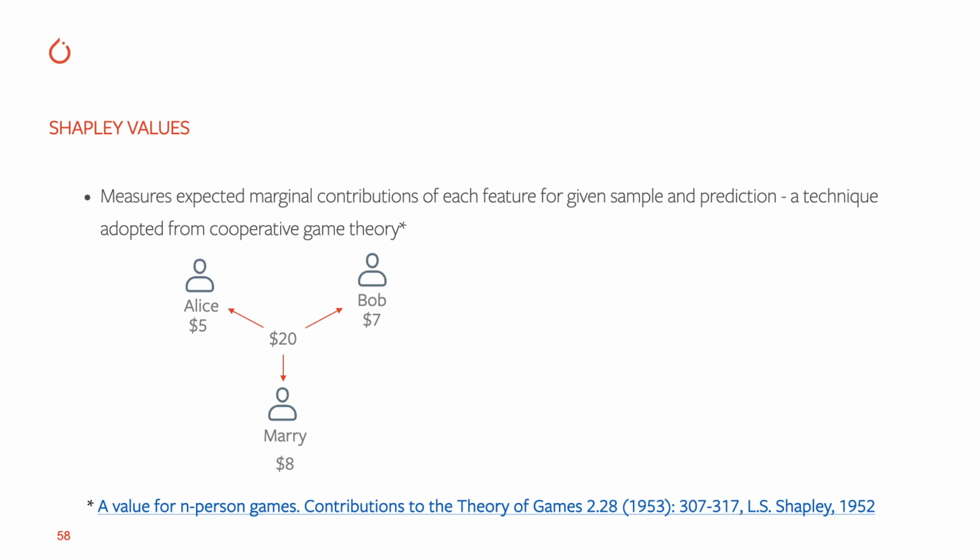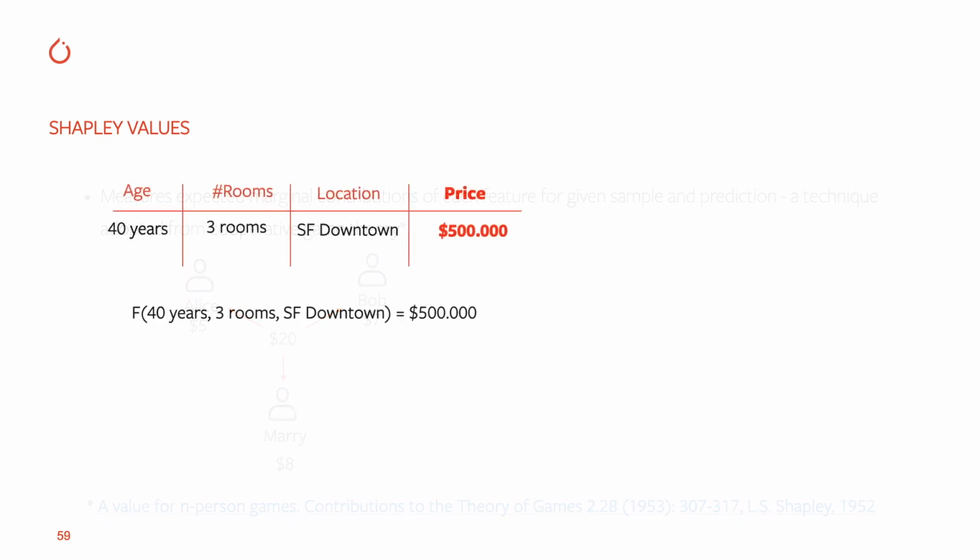Each data sample in our dataset with specific feature values could be represented as a game collision, where each feature is a player, and our goal would be to assign contribution scores to each feature in that example. In order to understand this, let's look into it in more detail.